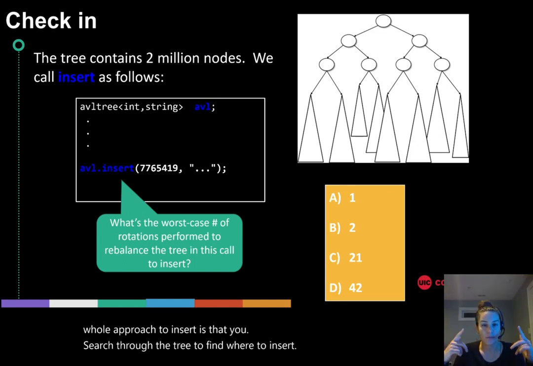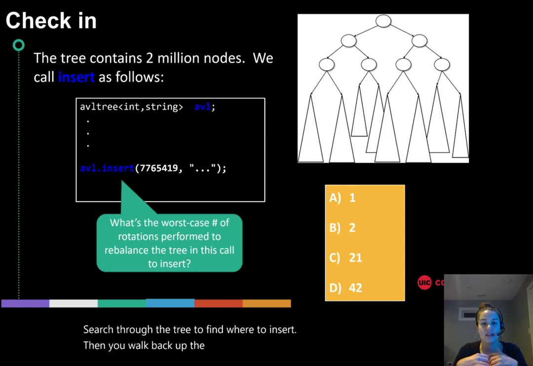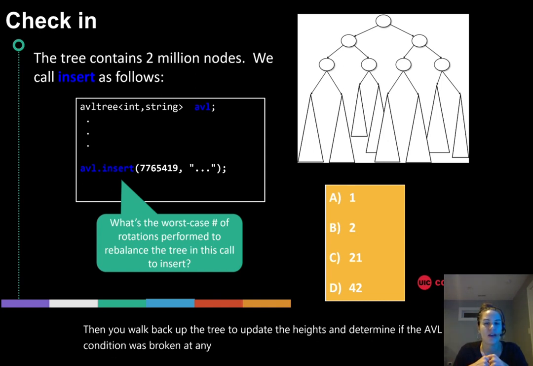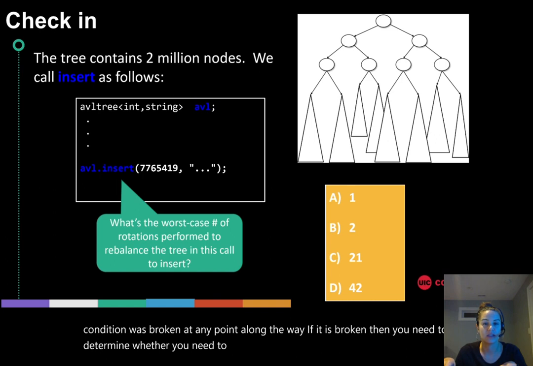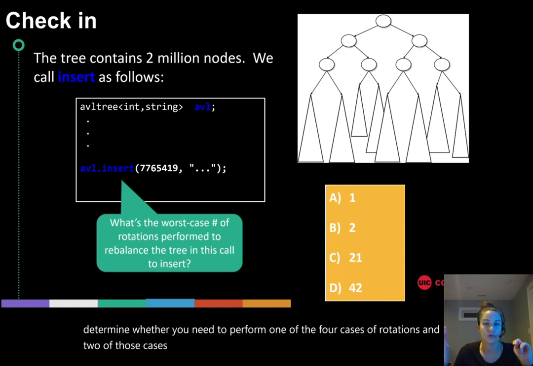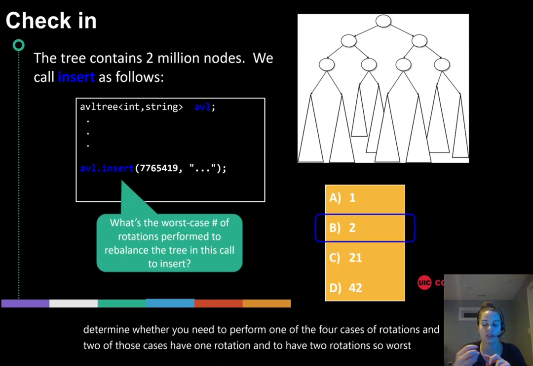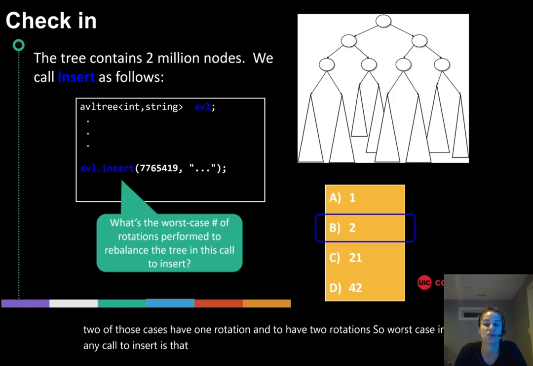Then you walk back up the tree to update the heights and determine if the AVL condition was broken at any point along the way. If it is broken, then you need to determine whether you need to perform one of the 4 cases of rotations. And 2 of those cases have 1 rotation and 2 have 2 rotations. So worst case in any call to insert is that you'd have to rotate a subtree twice.